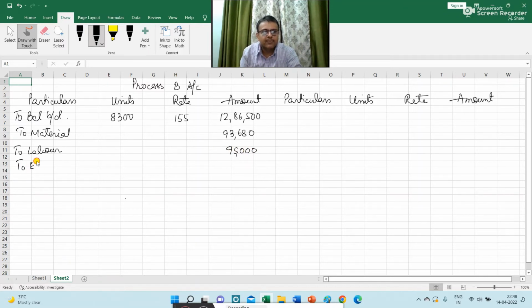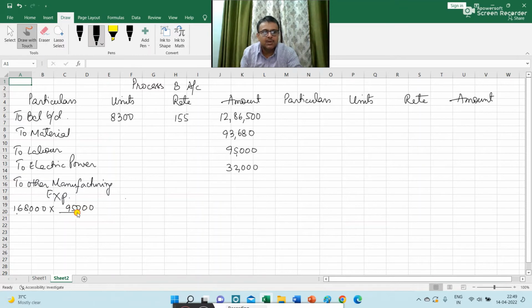To electric power, this is 32,000. Then to other manufacturing expense, this is calculated as 1,68,000, which is the total other manufacturing expense, into 95,000.